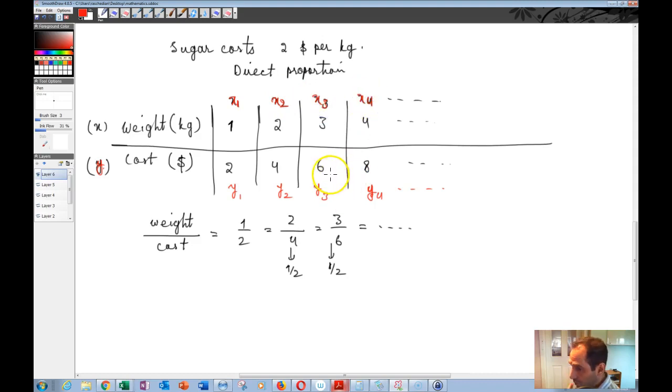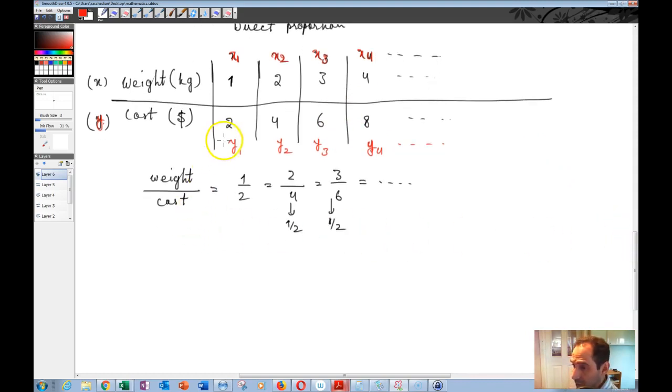Now you can see that x1 to y1 is equal to x2 to y2 is equal to x3 to y3, all the way up to xn to yn.